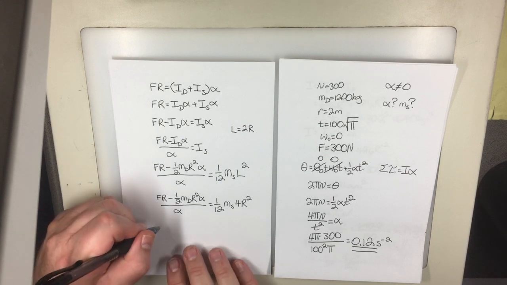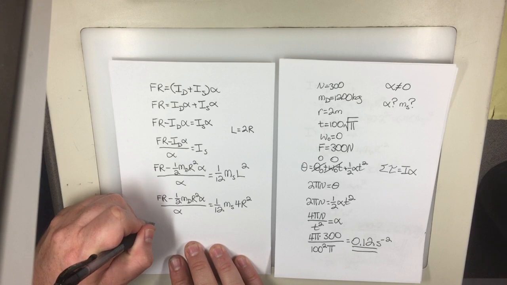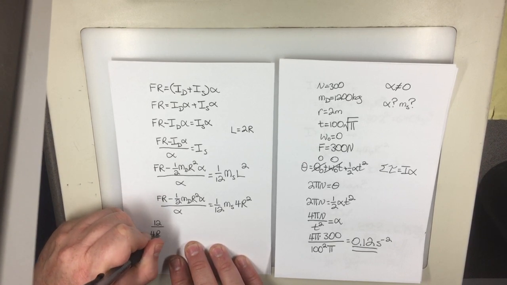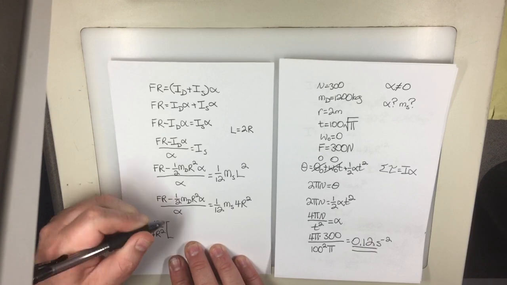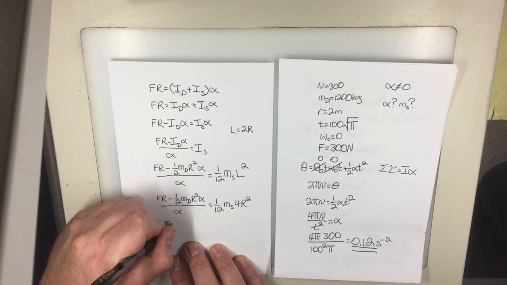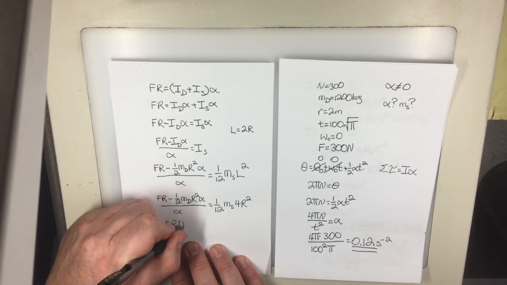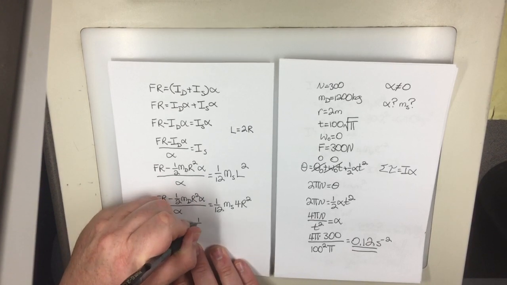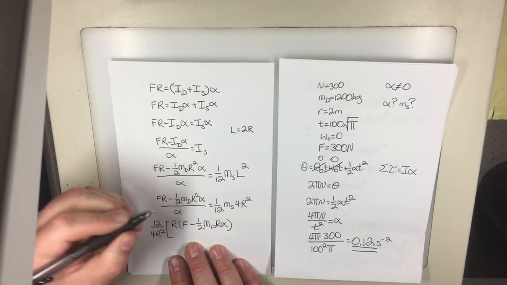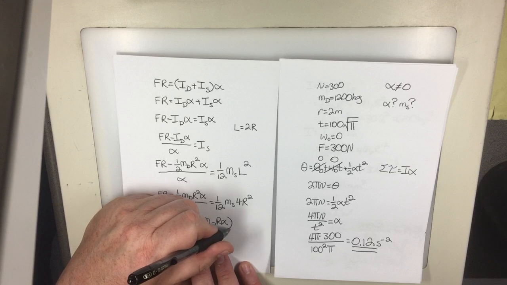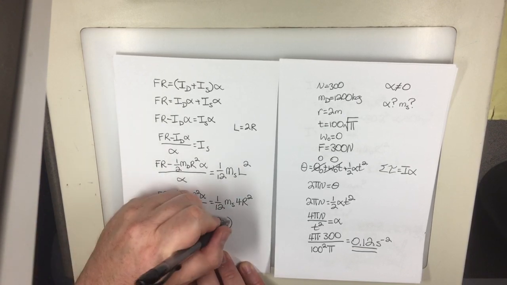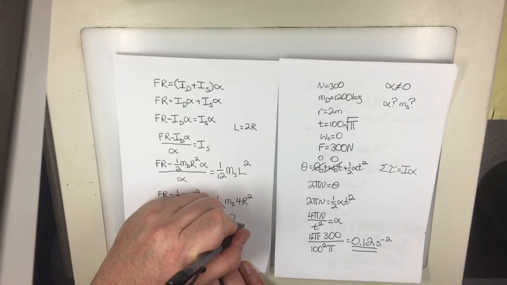Solve for m_s. So 12 over 4r squared, I'm going to start moving stuff out: r F minus 1/2 m_d r alpha, over alpha, is equal to m_s.